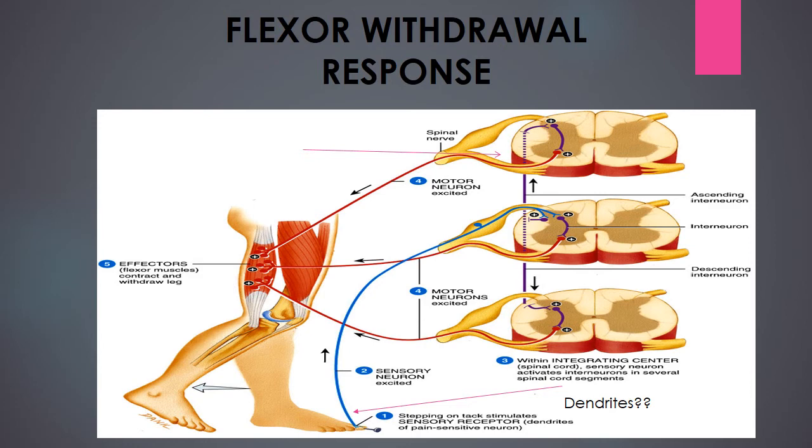So pain stimuli in the periphery cause a central reflex, which causes a reflexive withdrawal of the foot from the painful stimulus. We refer to this as a flexor withdrawal response.